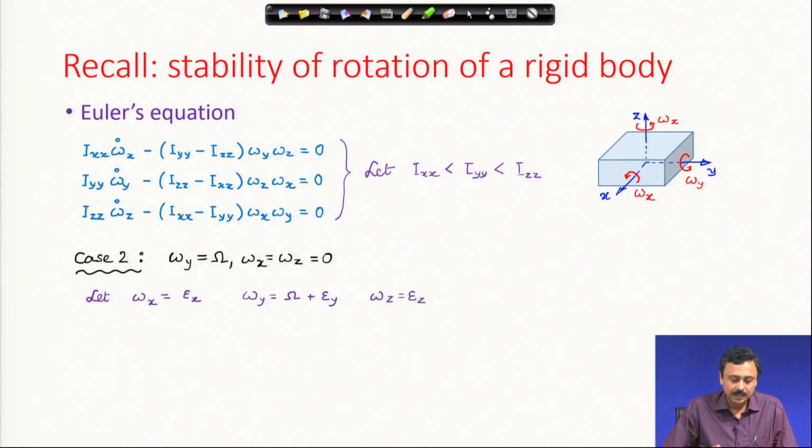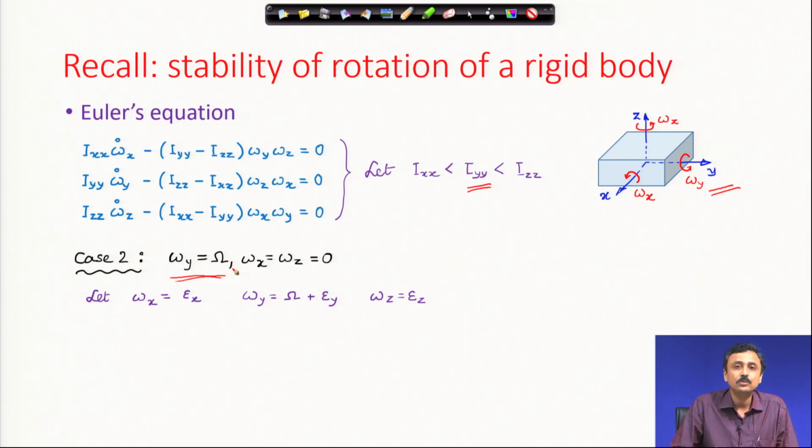Recall the situation when the spin state is such that omega_y, this is the intermediate axis, I_yy lies between I_xx and I_zz. I give a spin in the y axis direction. I want to study the stability of this.